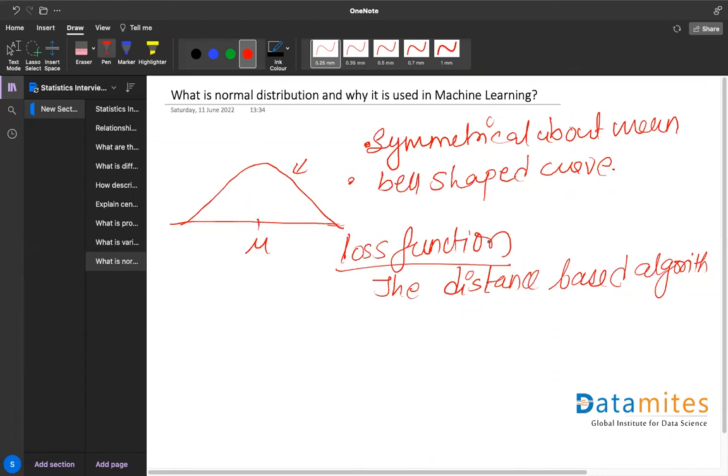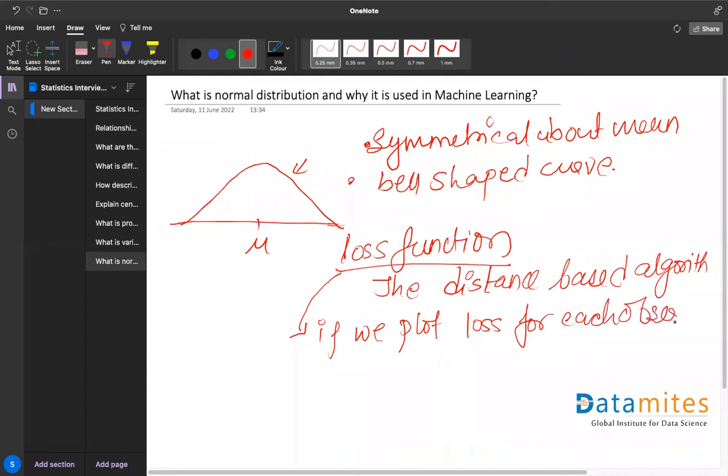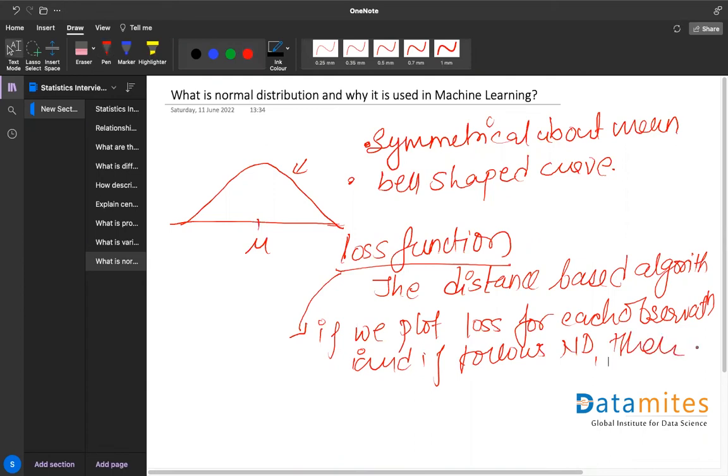So whatever losses we calculate on given observations, if we plot the loss for each variable or each observation, and it follows a normal distribution, then convergence becomes very easy.